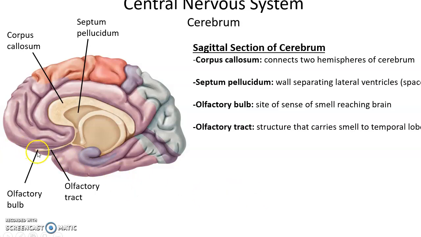There is the olfactory bulb. Olfactory, or smell, information goes from the nasal cavity, and those nerves synapse in the olfactory bulb. So now the sensory information, the sense of smell, arrives in the cerebrum. Then it travels down the olfactory tract to the temporal lobe, so that we are officially aware of that smell sensation.